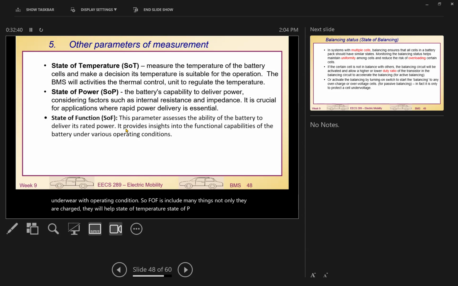They lump all of this together to give you the ability of the battery to do everything, depending on your battery management system and what you need it to do. So SOF can tell, for example, the transient torque, how high you can go, and also the vibration, everything. Many things can relate to SOF. So you can see that now we introduce more parameters. Of course, SOF may not exist in many BMS, but it does in certain ones.